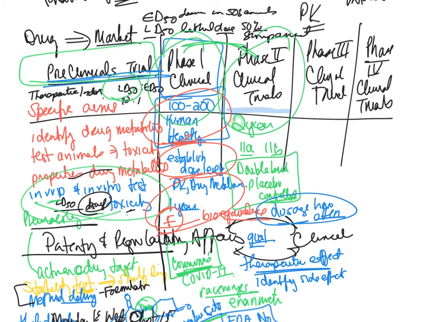The endpoint is the measure that is used to determine whether a drug is successful or not. It can be any parameter that is relevant, measurable, sensitive, and ethically acceptable. Okay, these endpoints could be blood assays, blood pressure, tumor regression, disappearance of invading pathogen from the tissues of the blood.